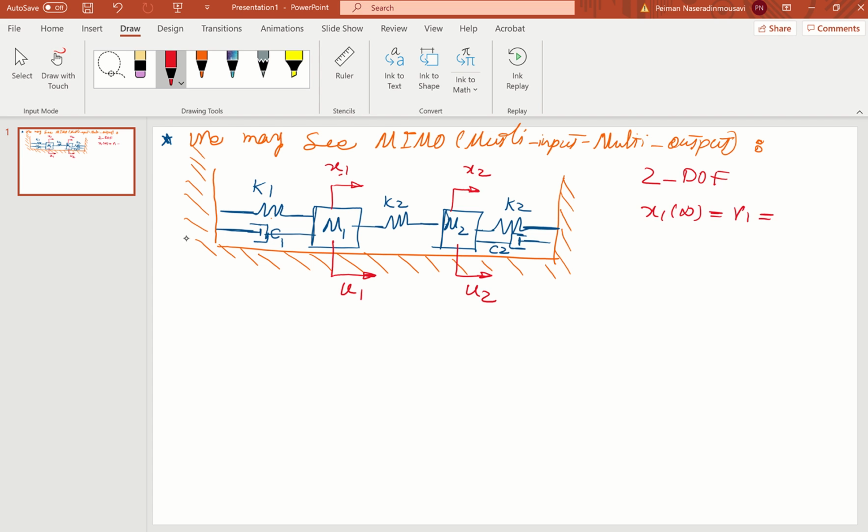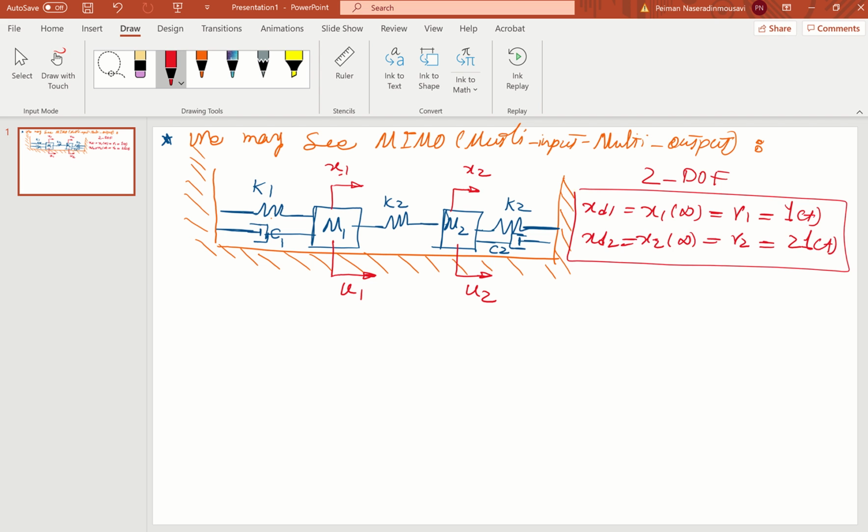Here I say the unit step. And x2 in a long time goes to r2. I'm going to say 2 unit step functions, right? So these are my desirable set points for this spring and mass damper. These are reference set points which are non-zero.